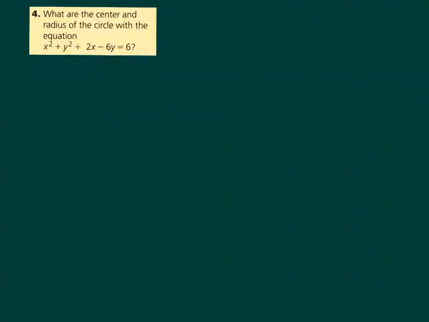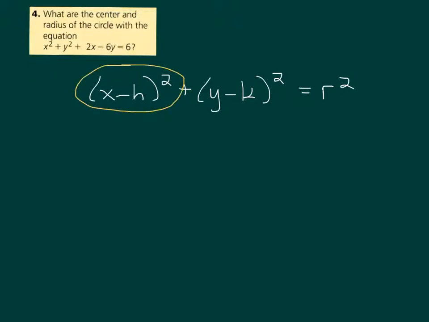What are the center and radius of the circle with equation x² + y² + 2x - 6y = 6? Unfortunately, in order to do this, we have to be able to factor down into our standard form equation (x - h)² + (y - k)² = r², which means we have to complete the square here and here.